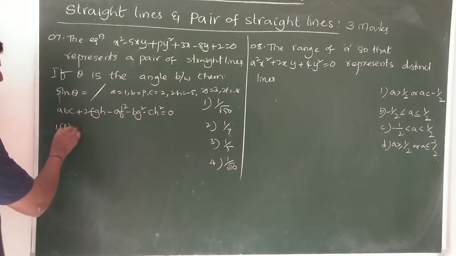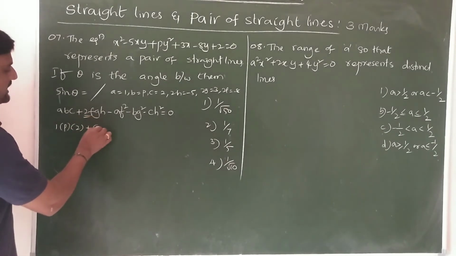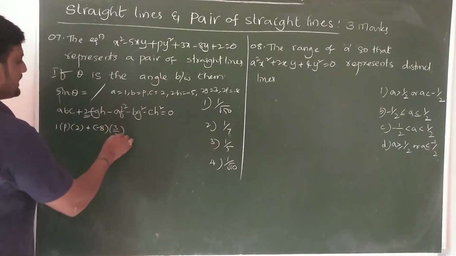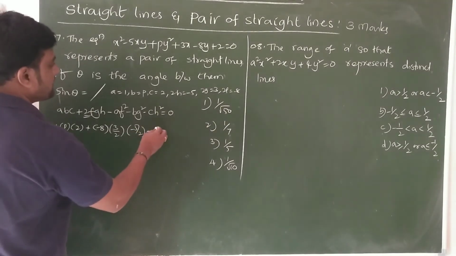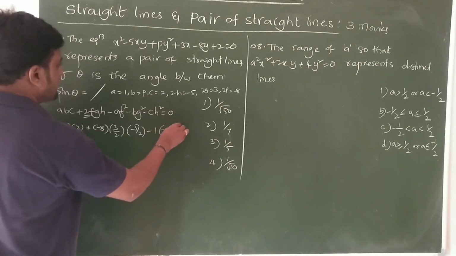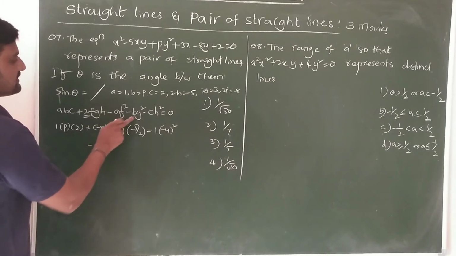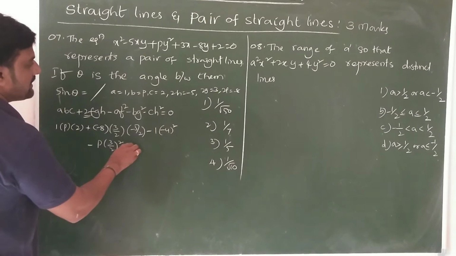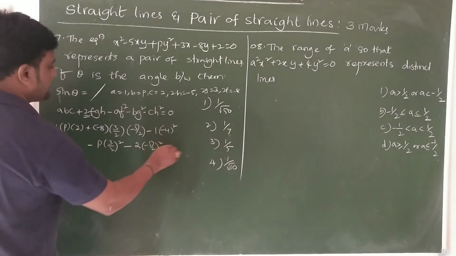1 into p into 2 plus 2f, which is directly minus 8, g equals 3 by 2 and h is minus 5 by 2, minus af square. f means minus 4 whole square, minus bg square. g square means 3 by 2 whole square, minus ch square, 2 into minus 5 by 2 whole square equals 0.